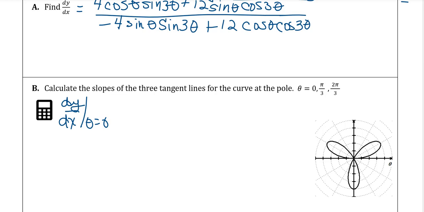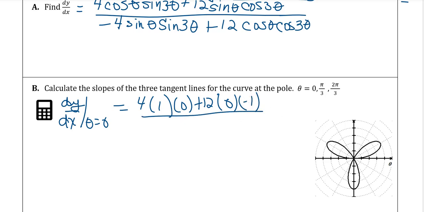So I'm going to have 4 times cosine of 0, which is 1, times sine of 0, which is 0, plus 12 times sine of 0, which is 0. So it doesn't matter what this is. And then the denominator, so the numerator is 0.